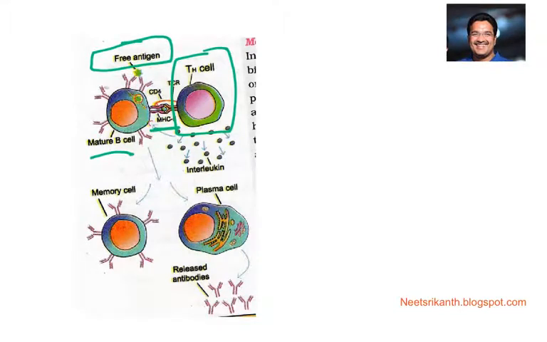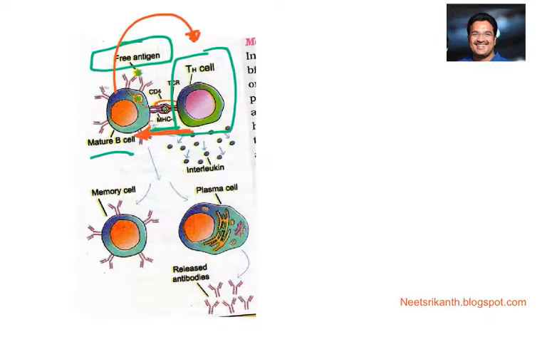Then the T helper cells activate the B lymphocytes. Earlier the B lymphocyte acted as an APC. When it was given to the T helper cell, the T helper cell activates the B lymphocyte again.